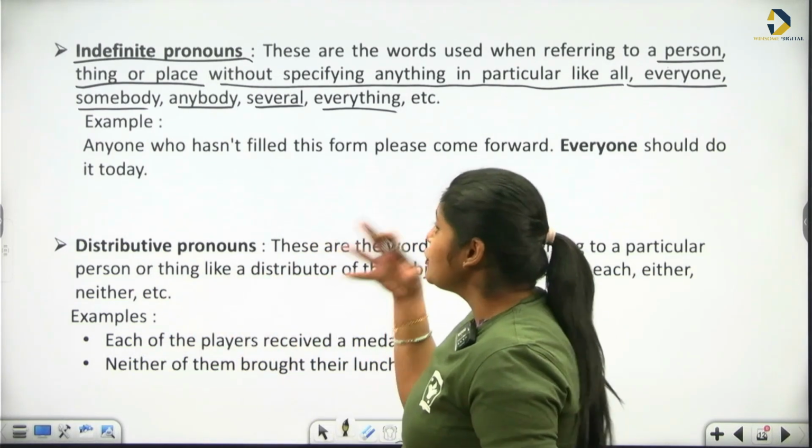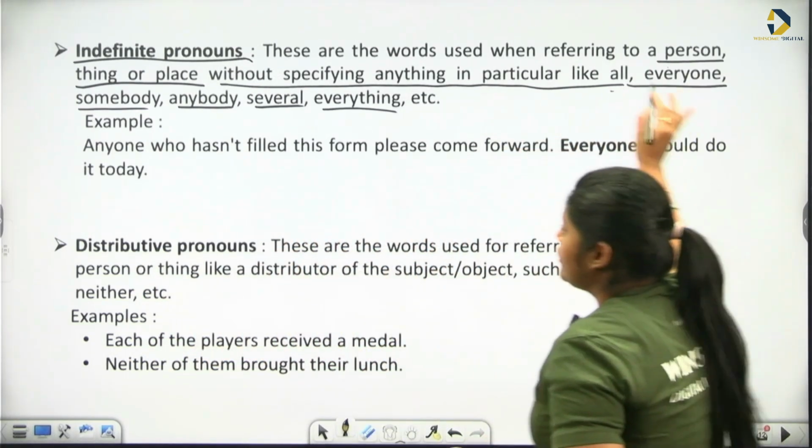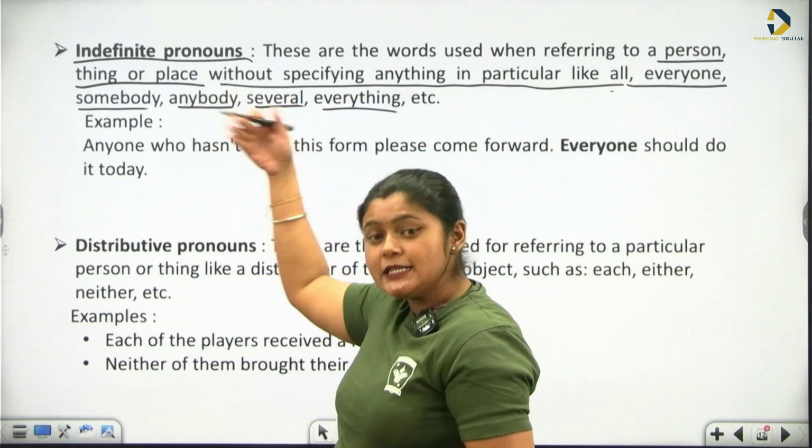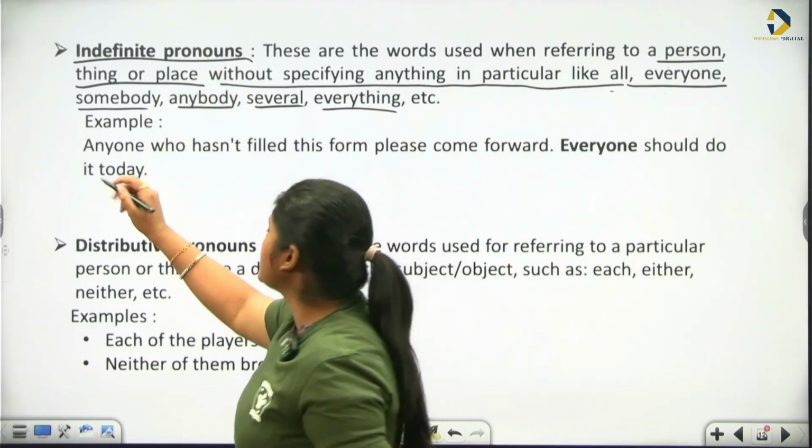So when we do not specify a thing and we mention it as all, everyone, somebody, anybody, several, everything, etc., it is an indefinite pronoun.